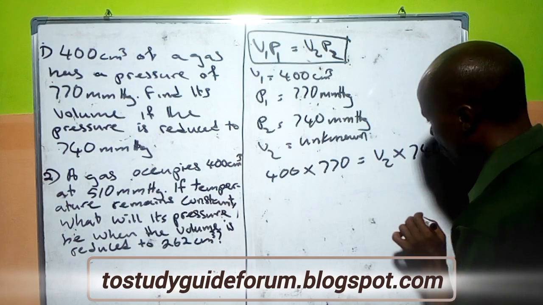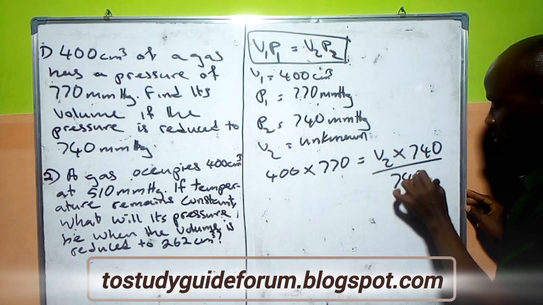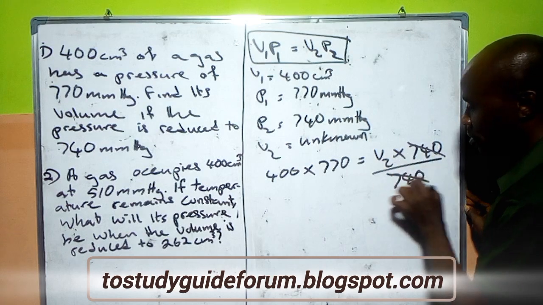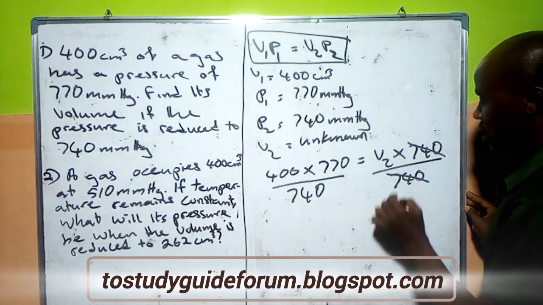If we divide both sides by 740, this will go, and 740 dividing the other end.